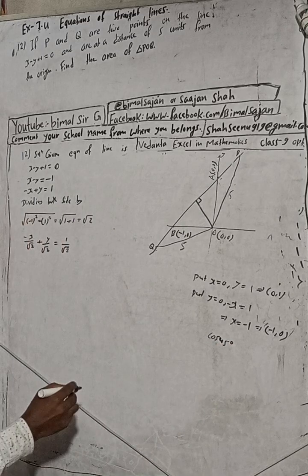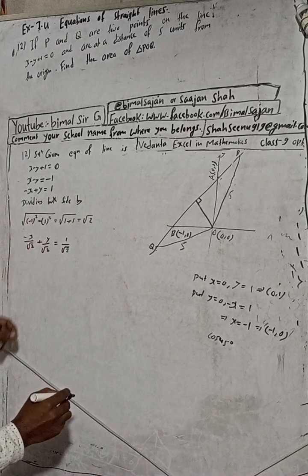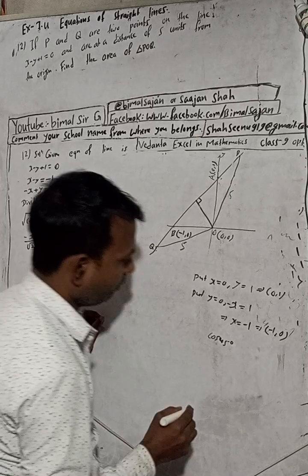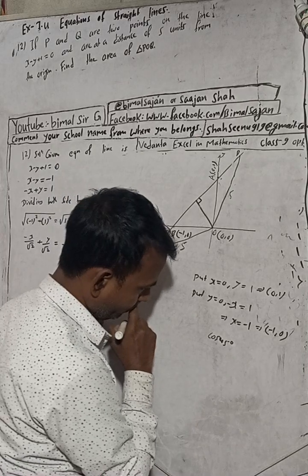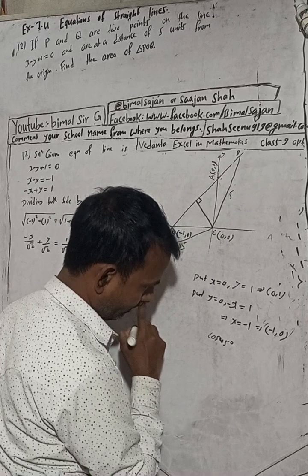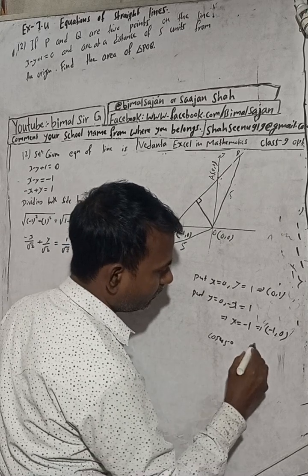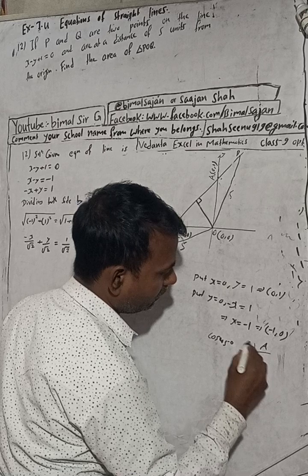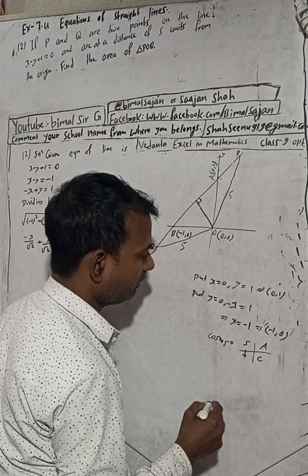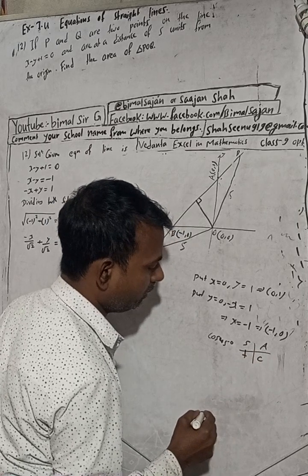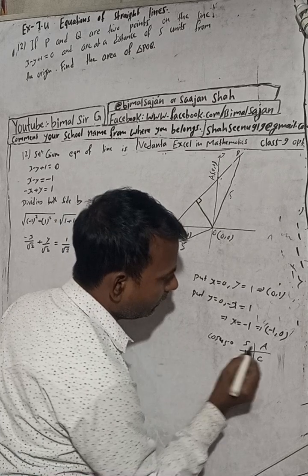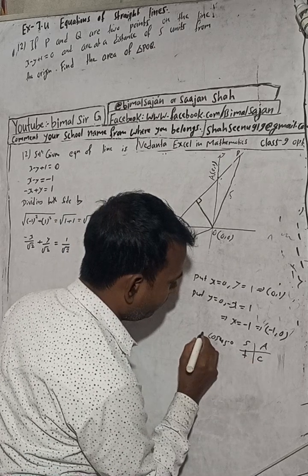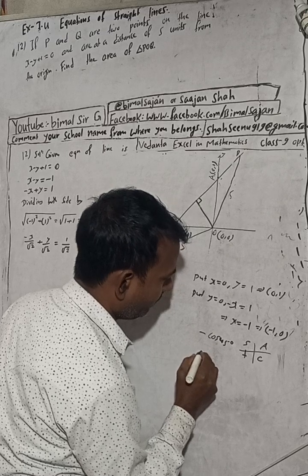But this is minus, so it is minus 45 degree. Use the CAST rule. Minus 45 degree will be in which quadrant?